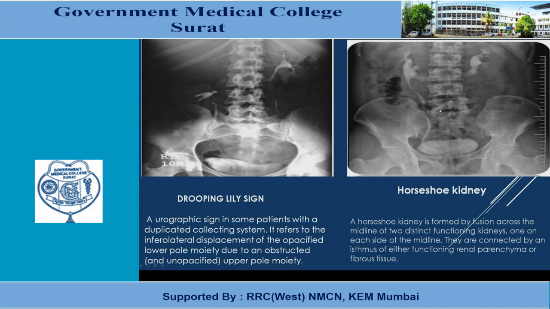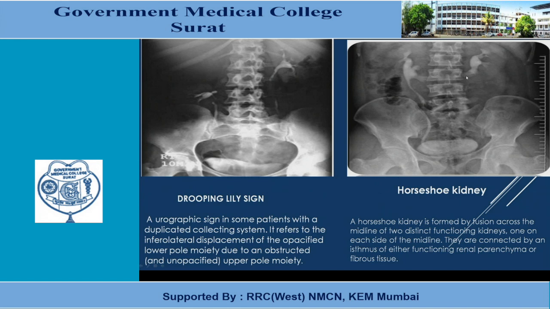Now this is also a urography study showing the horseshoe kidney. Horseshoe kidney is formed by the fusion across the midline of two distinct functioning kidneys, one on each side of the midline. They are connected by an isthmus, either of functioning renal parenchyma or fibrous tissue. You can also visualize that on the normal side, the pelvic system is directed outward and laterally, while in this renal collecting system the hilum is facing medially, not outwards.